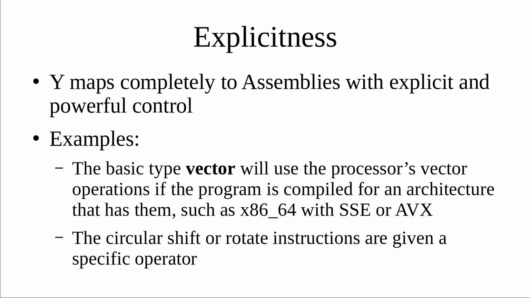But some examples of what this gives, and how I've designed around this, I should say, is that the basic type vector will just use vector operations instead of needing to use compiler intrinsics with C++ or C to actually do a vector operation like VPADDD.